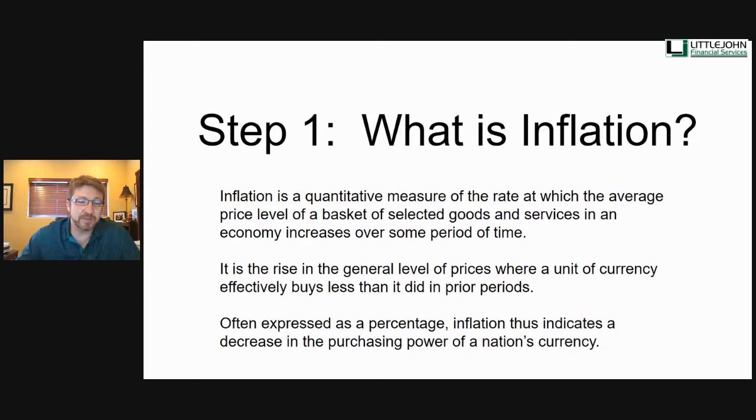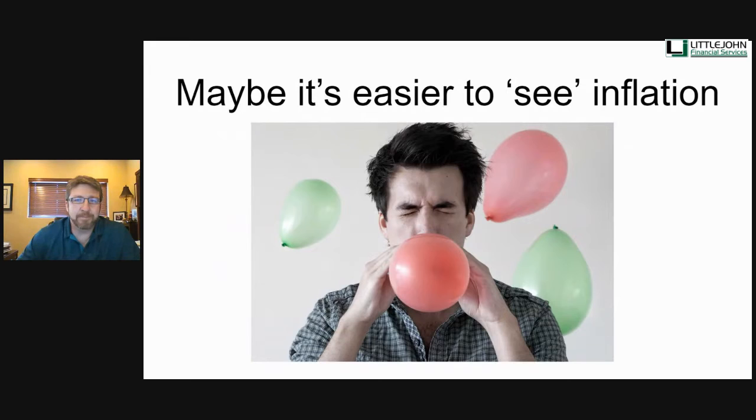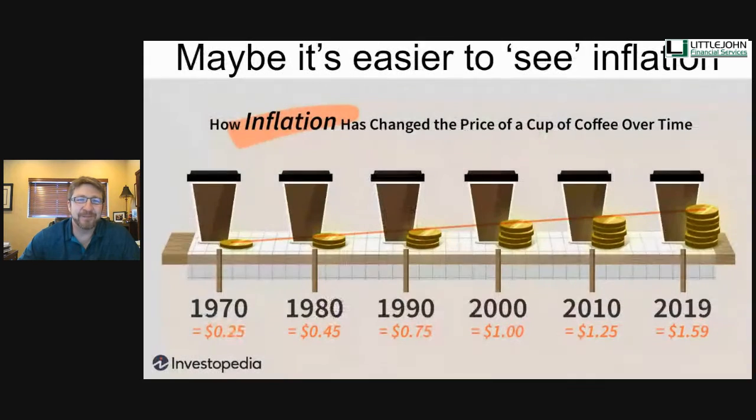It's oftentimes measured as a percentage, and it's also sometimes discussed as purchasing power. Okay, so there you go. That totally makes sense. Aren't you glad I explained that to you just like a textbook? Great. Maybe we should take a look and see if we can see inflation a little bit better.